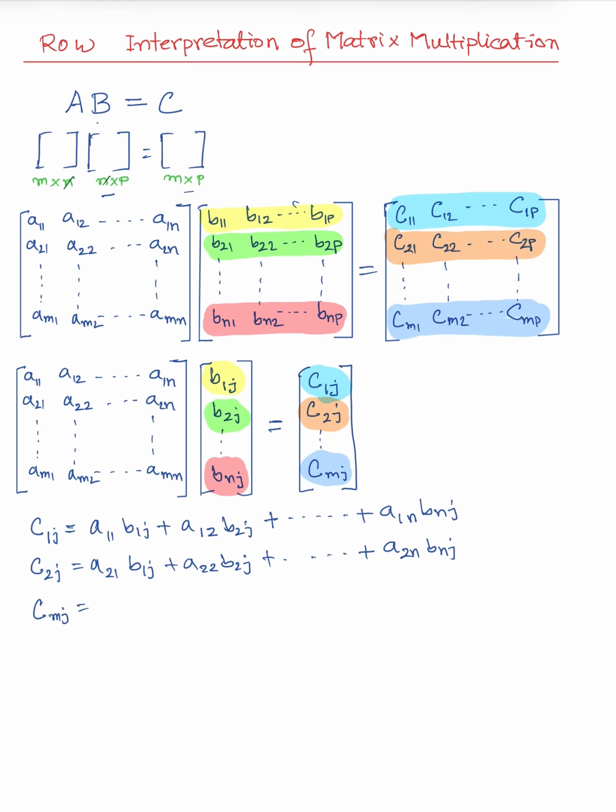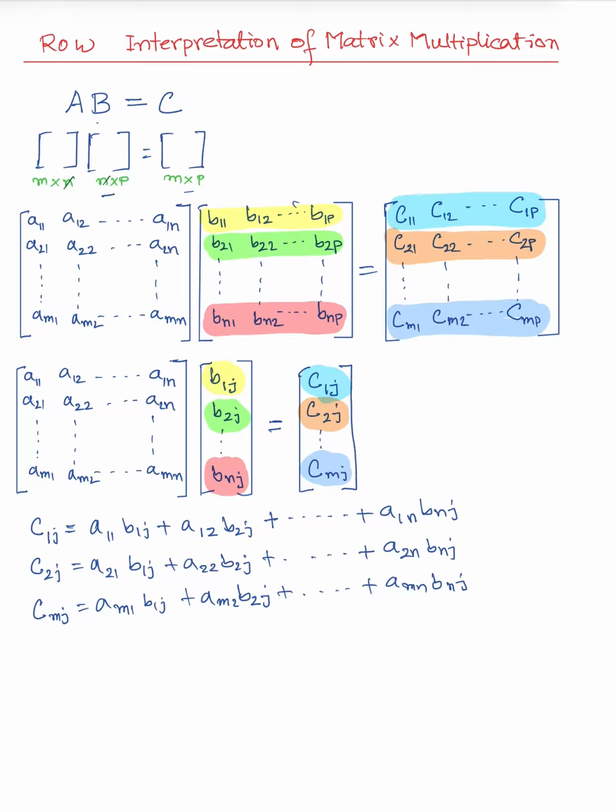CMJ is going to be AM1 B1J, AM1 B, this is going to be AM2 B2J, plus AMN BNJ.